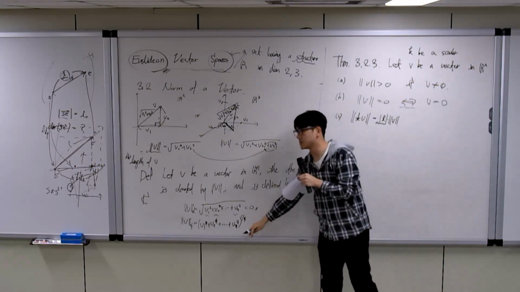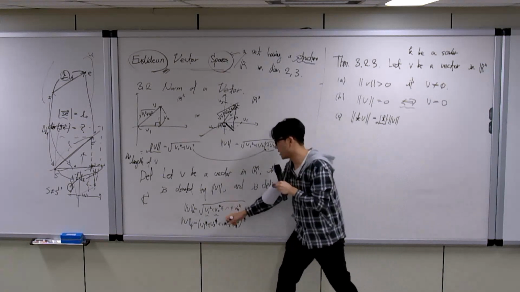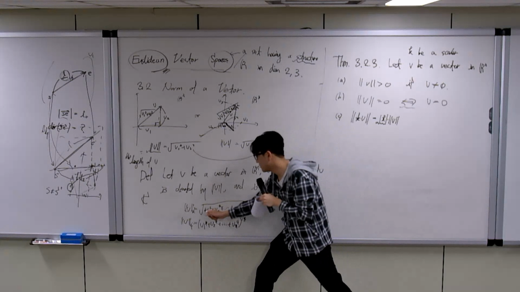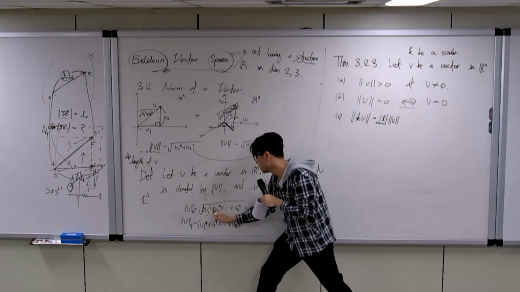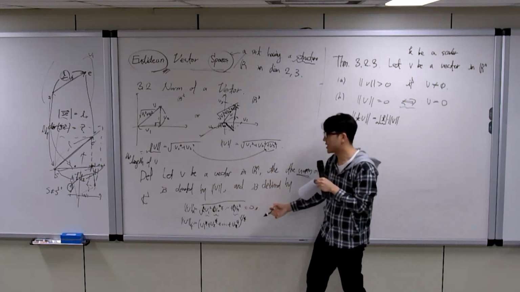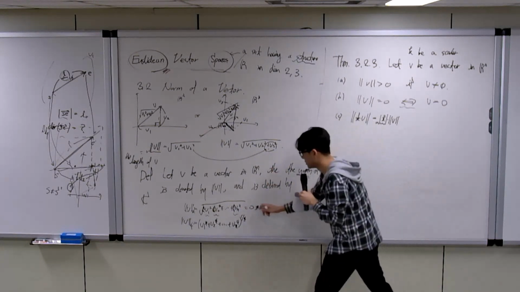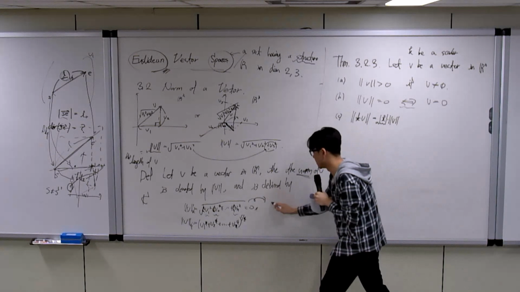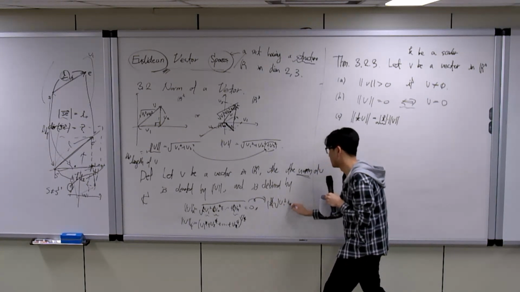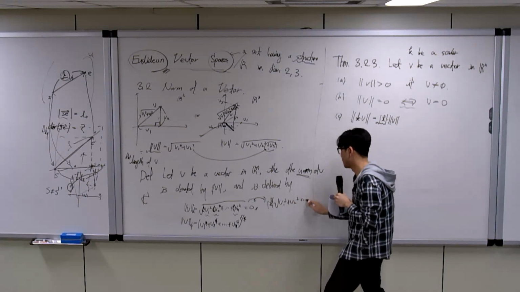When we see the definition by scalar multiplying k, we get k for each vector, and we have the distributive rule, and so it will give k times the norm of v.